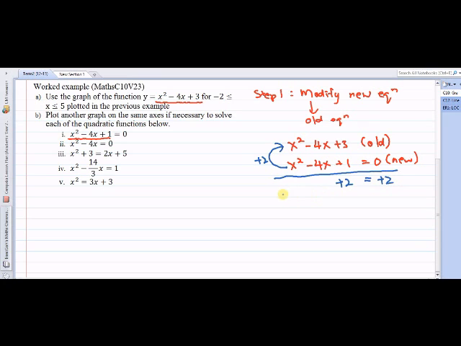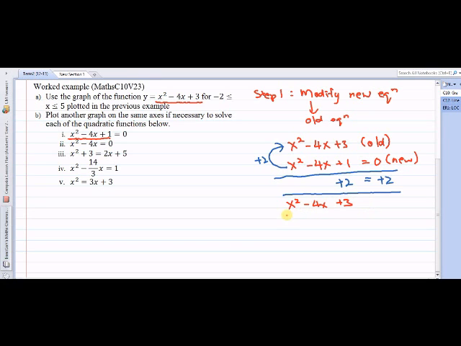So now, the new equation becomes x squared plus 0, so it's still x squared, negative 4x plus 0, still negative 4x, plus y plus 3 equals plus y plus 1 plus 2 equals plus 3.